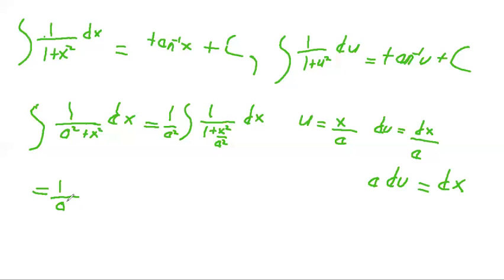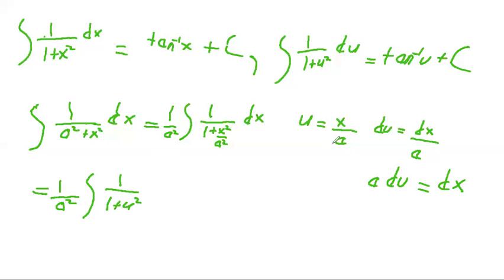All I did was just recopy the constant that was out front of the integrand, right? Now, the integral actually gets transformed into 1 over 1 plus u squared. Y'all see that?